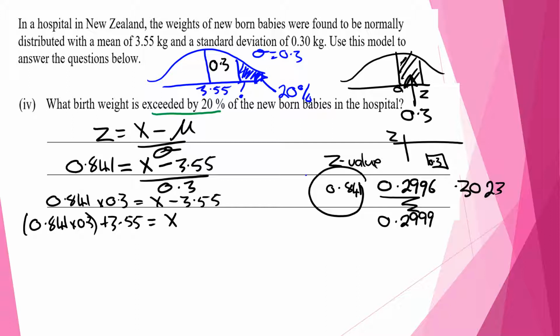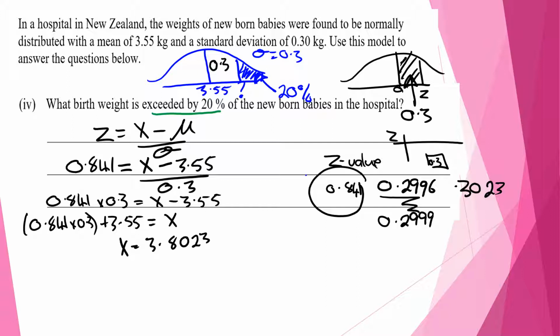And the x value, if I go to my answer schedule now, is going to be, actually I don't know that one, just give me a moment. 0.841 times 0.3 plus 3.55. So it should be an x value of 3.8023.